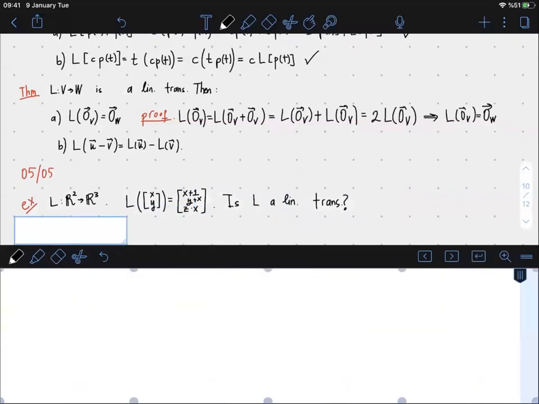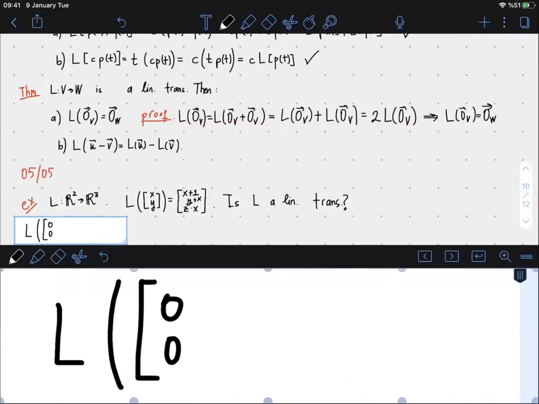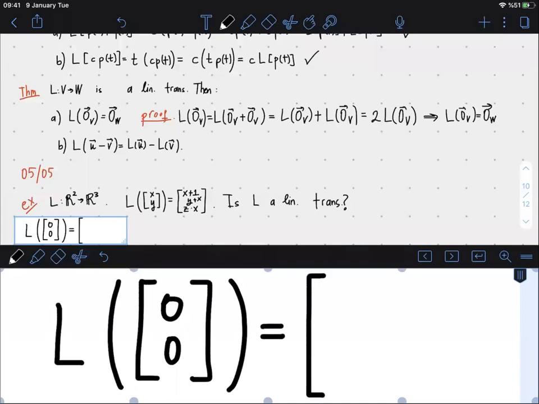Let's look at the answer. For this one, it's enough to check the image of the 0 vector. If I take x and y to be 0, what do I get? I get 1, 0, 0.